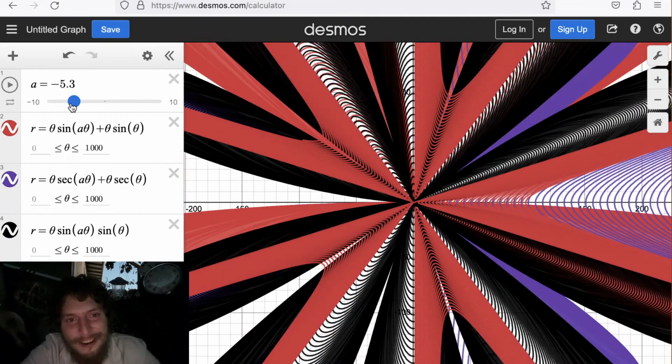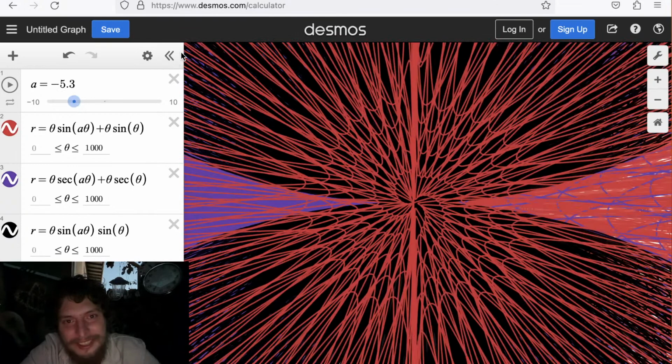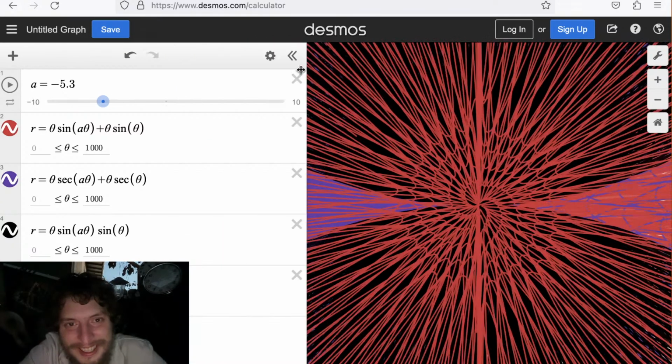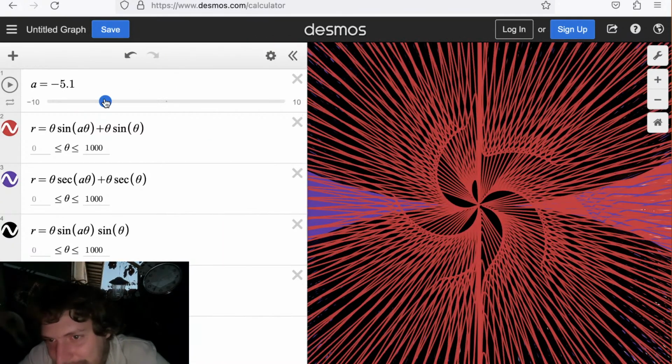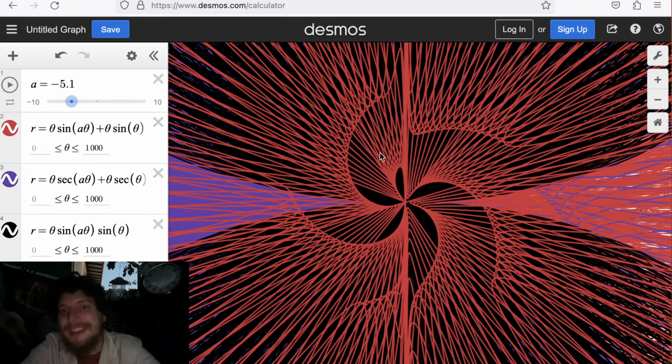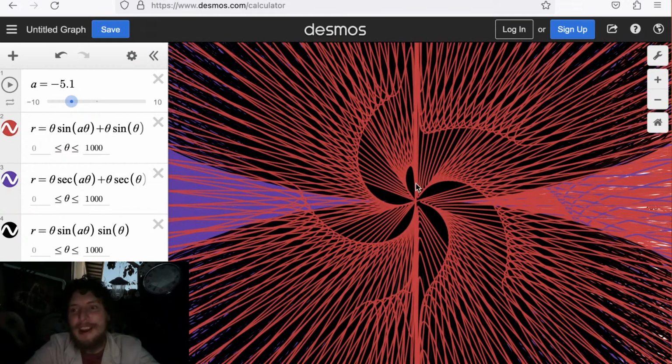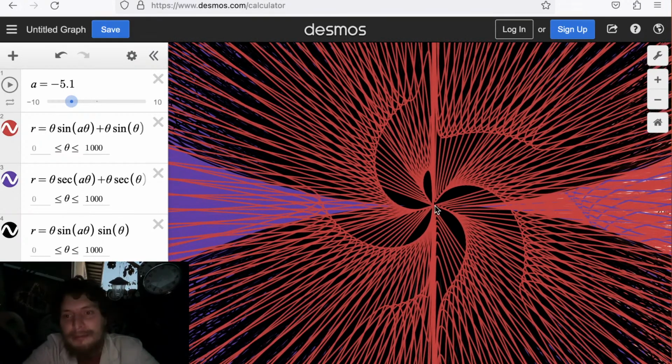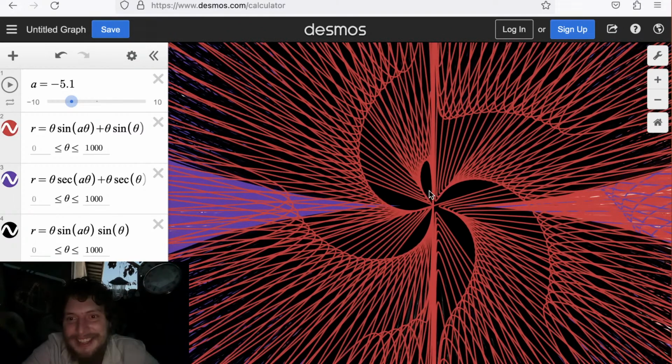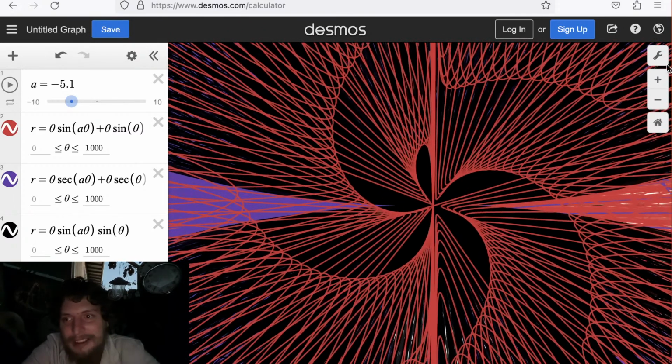Now, I'm going to go to this one for a moment. It's hard to make it stay on one. Yeah, I need to make this bigger for a moment so I can get it to a particular one. Yeah, I want it on that one. Now, let's zoom in here and see how the black background is not pure black. If we zoom in, we'll see what's going on with the black background.